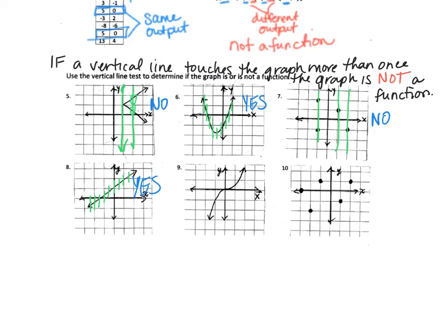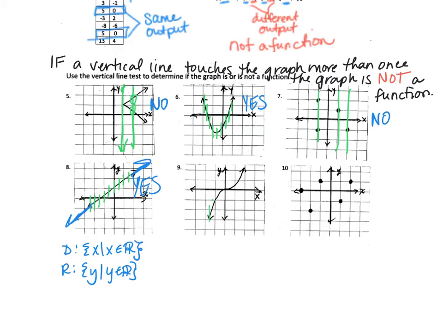Now I want to stop and take a second and look at the domain and range for this function, because when we have a line, it's continuing in this direction and that direction. Here we have a domain and range of all real numbers. So whenever we have a line, not a horizontal line, not a vertical line, but a line that has a slope other than 0, we have all real numbers for both domain and range.